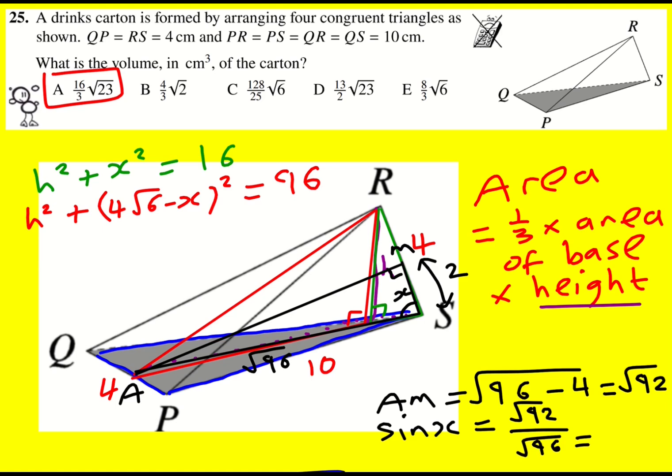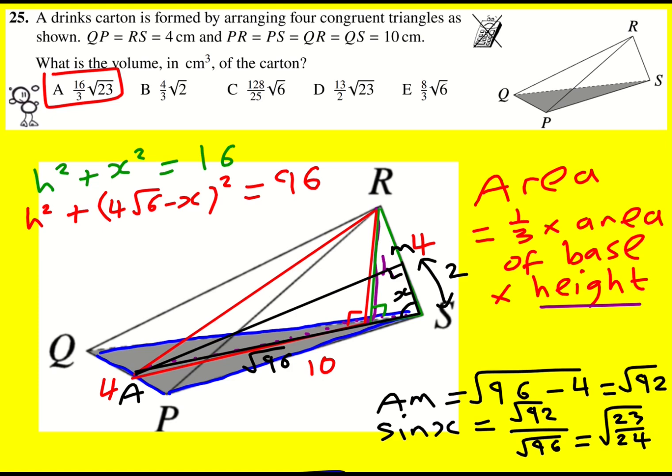And we can think about how this cancels down, actually. I think it's worth doing at this point. So it's going to be root 92 over 96. So 4 goes into both, actually. 23 over 24, I think.